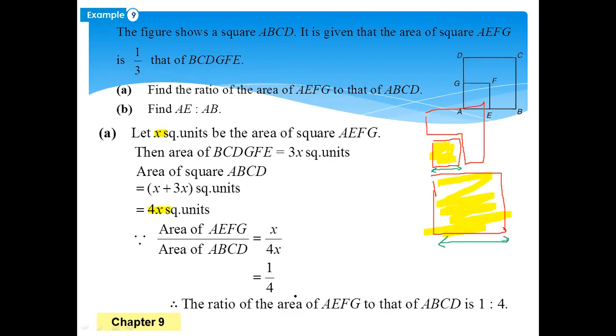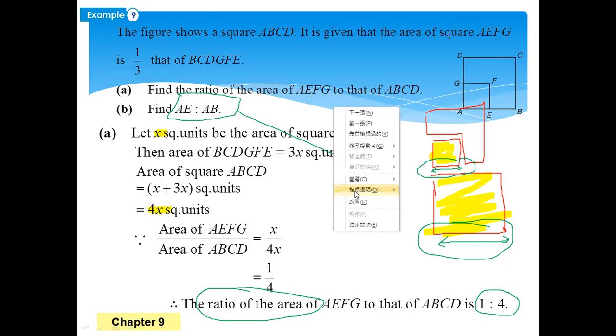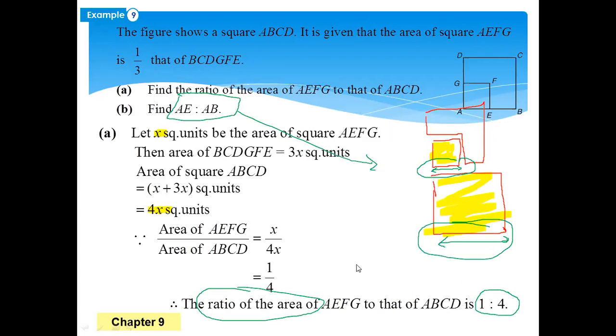You have the ratio of area 1 to 4, and the question asks you to find the ratio of lengths. So can you make use of the ratio of areas and hence find AE to AB? Let's think. Here it is, the answer.